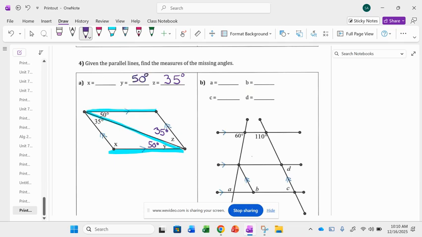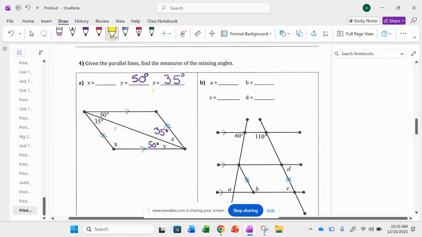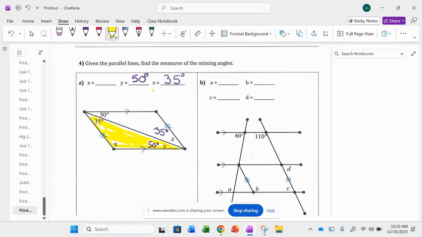And now the X is a little bit tricky. Are you guys ready? Do you all see this triangle right here? What does a triangle add to be all the angles? 180. So if I have 2 out of the 3 angles, can I find that last angle? So I'm going to add 35 and 50, and I'm going to get 85.